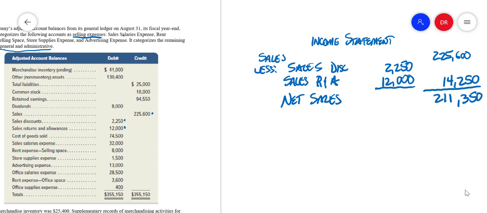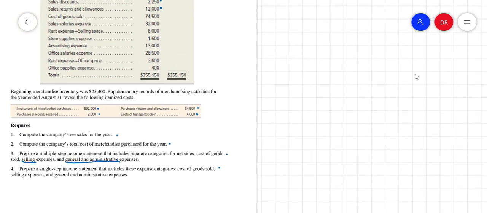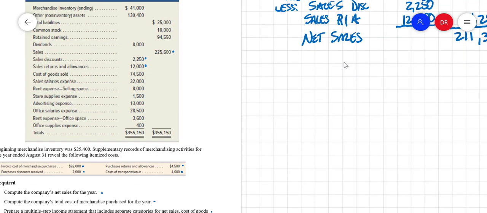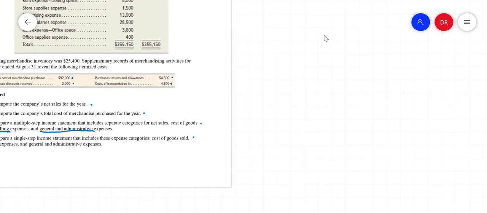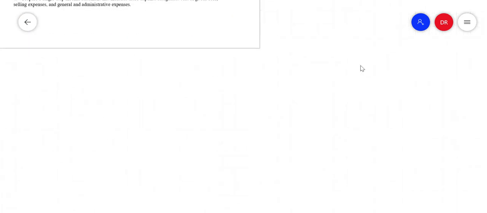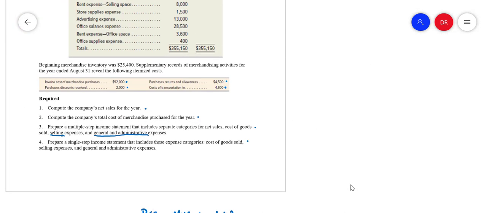Okay, the next thing we need to do is to calculate cost of goods sold in order to subtract it from net sales. So I'm going to come down here a little bit and show you how we calculate the cost of goods sold here. This is going to be a little bit more involved, but we're going to start with beginning merchandise inventory, which is going to be what they give us up here, 25,400.